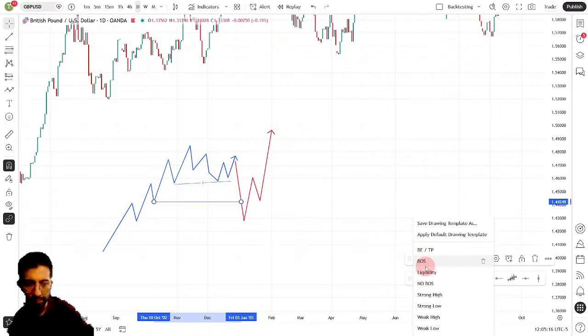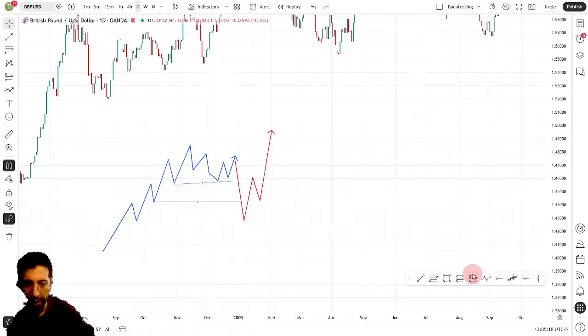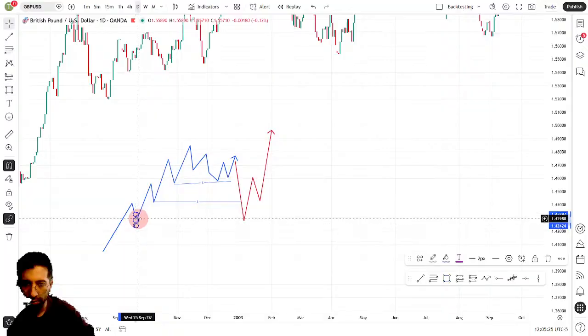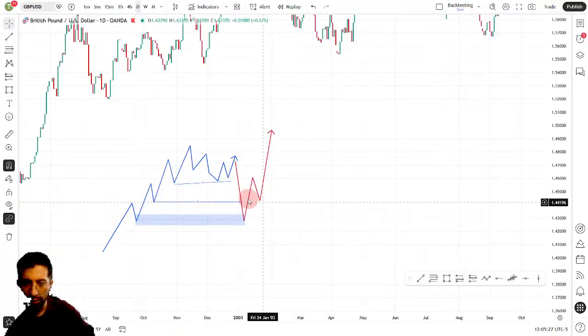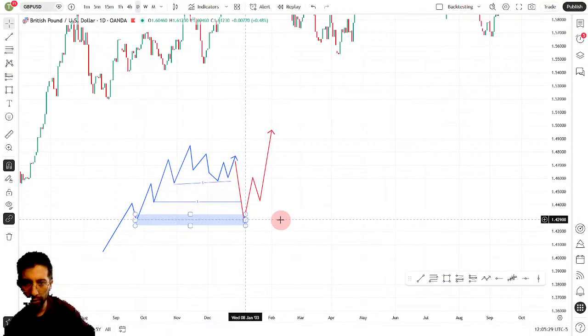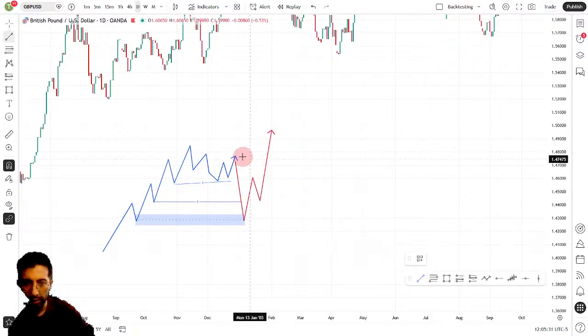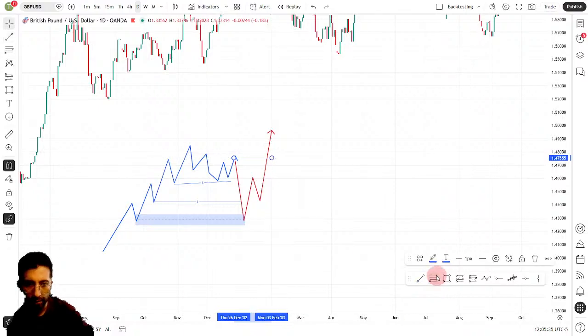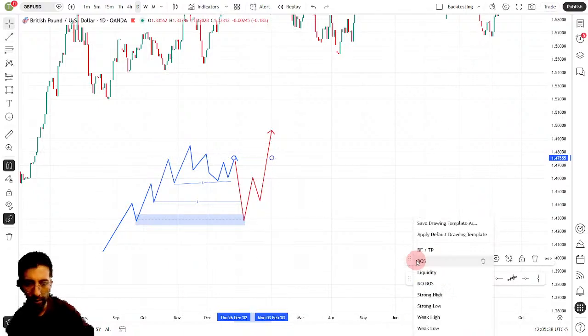Once the liquidity is spotted, the price reacted in an order block right here. Once the price gets to this order block and breaks the closest high with the body of a candle right here, that's what confirms that it is a range beginning.